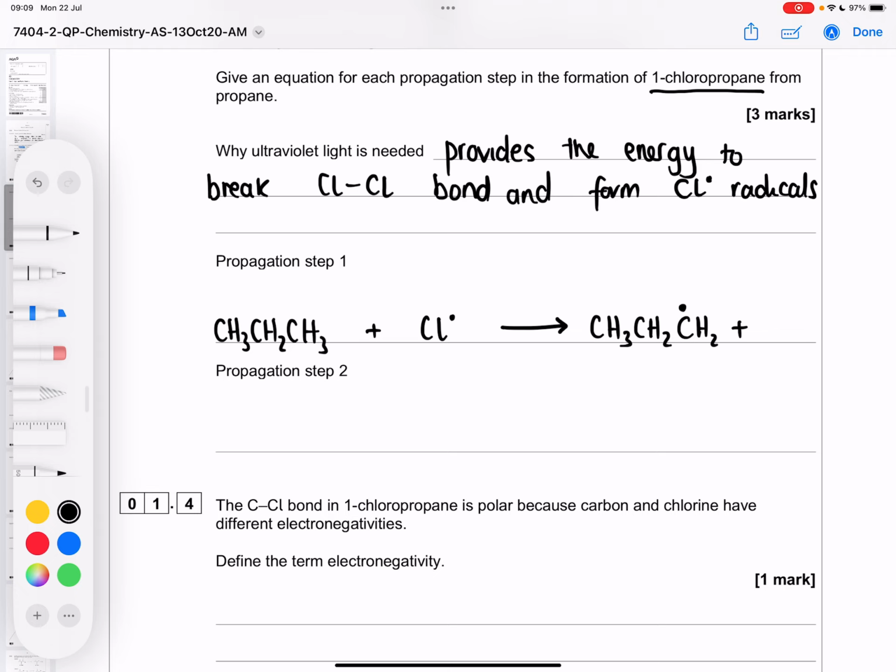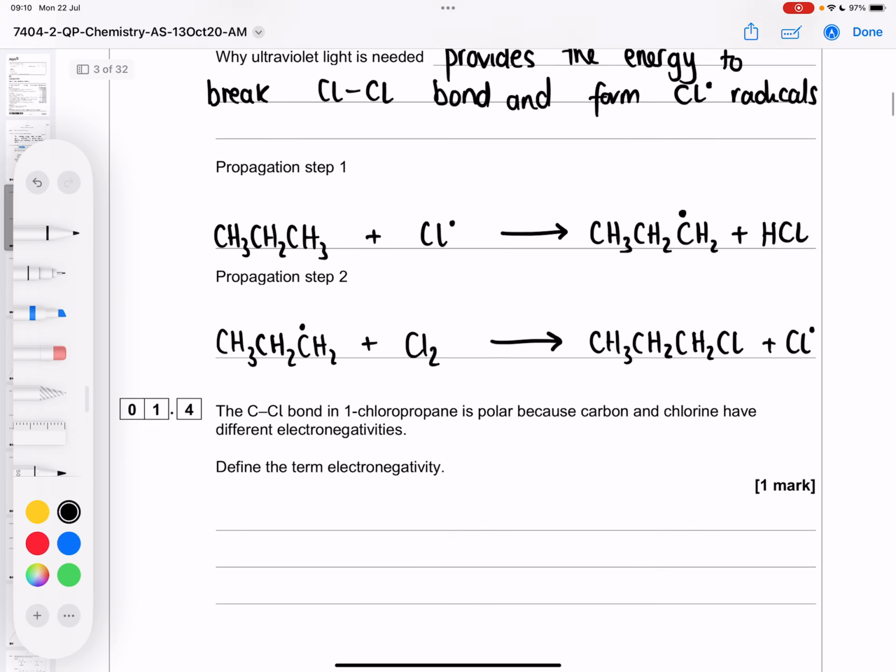So I've lost a hydrogen from carbon number 1 and chlorine's picked it up. That propyl radical then, with that radical on carbon number 1, is going to react with a molecule of chlorine, because propagation steps are radical plus molecule, makes radical plus molecule. And we're going to make 1-chloropropane and Cl radical.